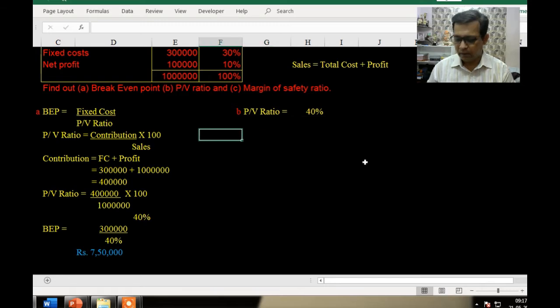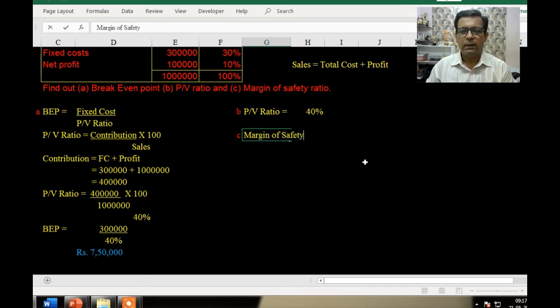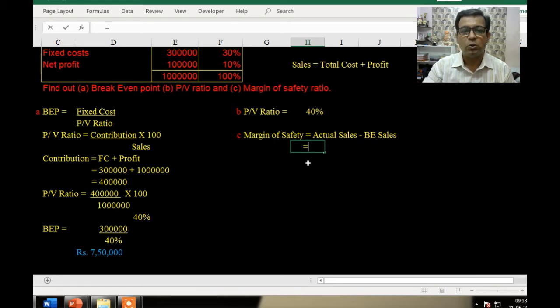And the third thing that we need to solve is margin of safety. Okay, now anyone remembers the formula for margin of safety? It's a very simple one. It says actual sales minus BE sales. Now in this question, what is our actual sales? I told you at the start, they have not informed, but it is 10 lakh.